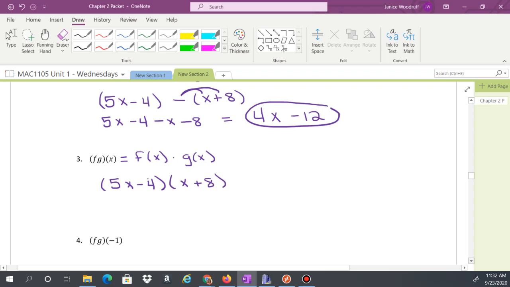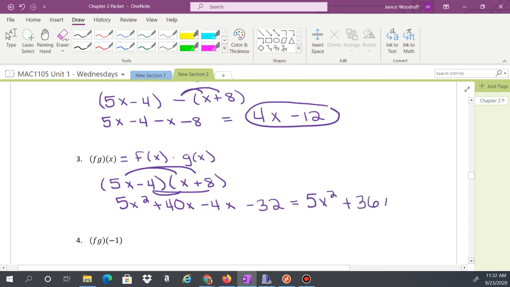So there we would FOIL. 5x times x would give us a 5x squared. 5x times 8 would give us a positive 40x. Negative 4 times x, negative 4x. And negative 4 times 8, negative 32. Then if I combine my like terms here, I'm going to get 5x squared plus 36x minus 32.